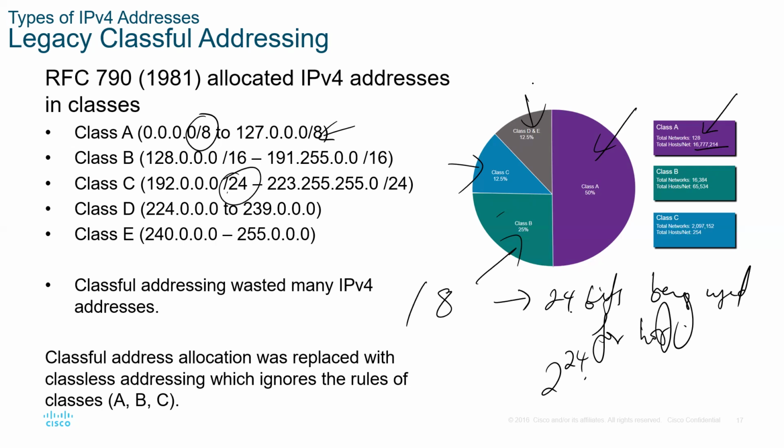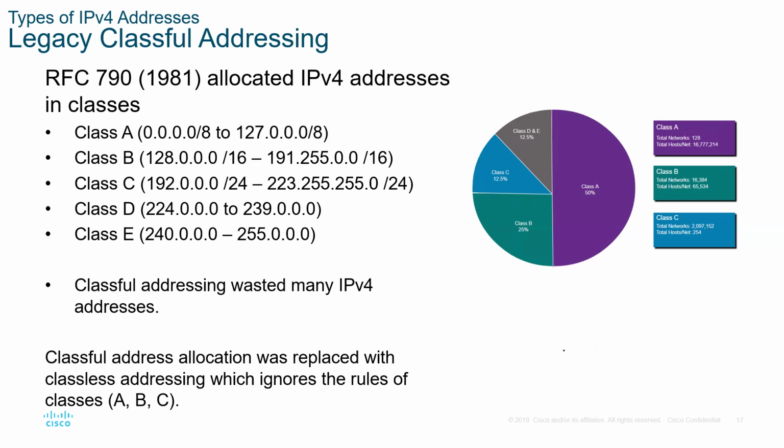So from these classes, if I have an organization which needs 1 million addresses, I can only use class A addresses.